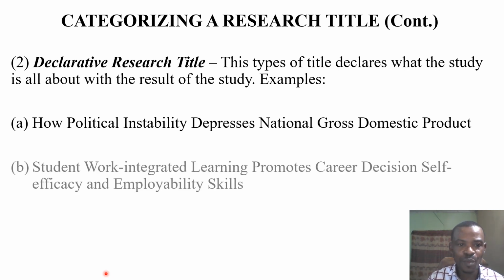Another example we can talk about is students' work integrated learning promotes career decision self-efficacy and employability skills. It has declared that work integrated learning, sometimes called work-based learning or work placement learning, promotes. It has shown the direction of the result.